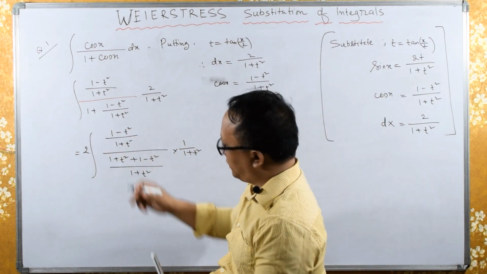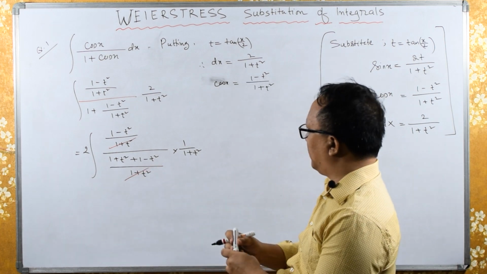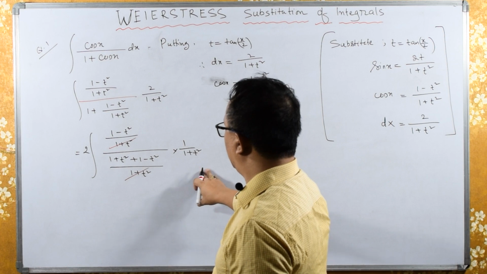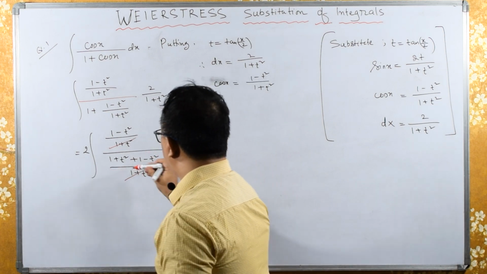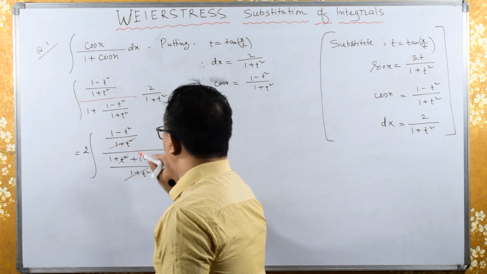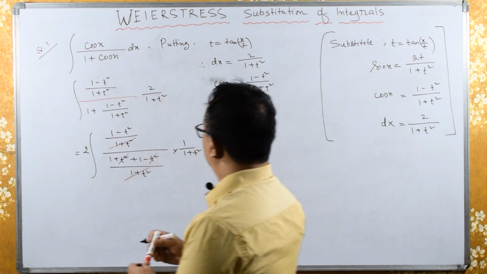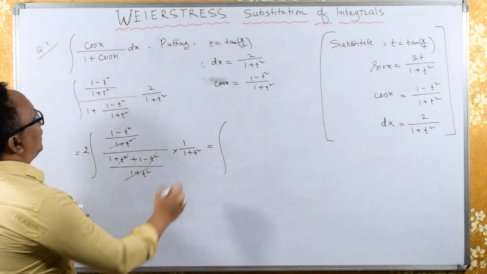Here 1 plus t square and 1 plus t square get cancelled. Plus t square and minus t square get cancelled.